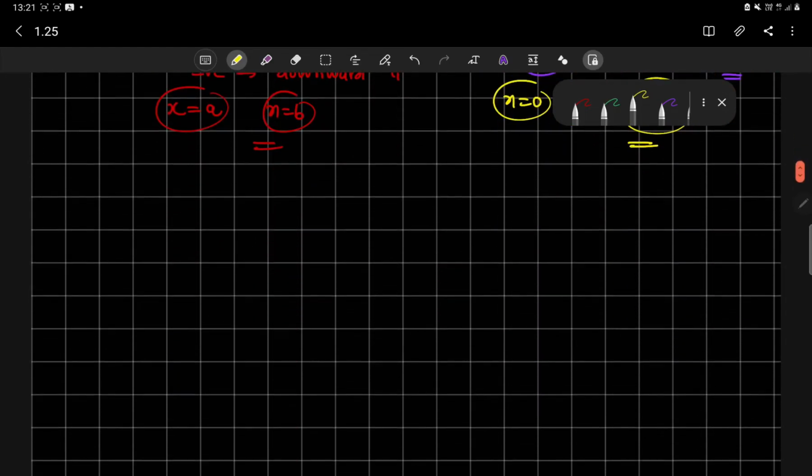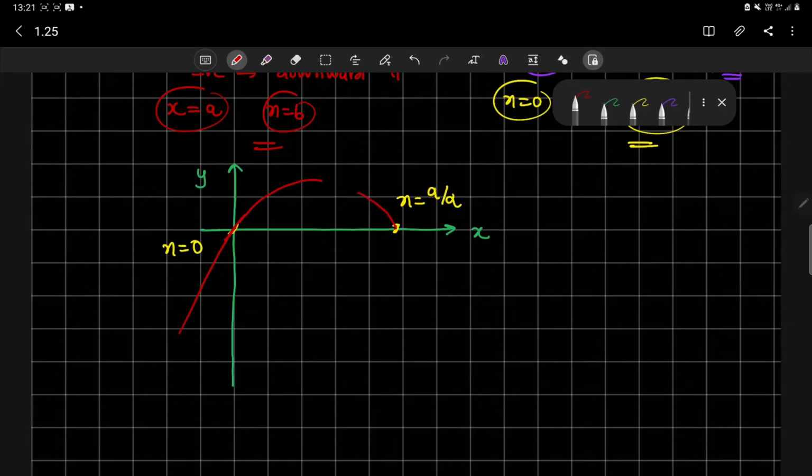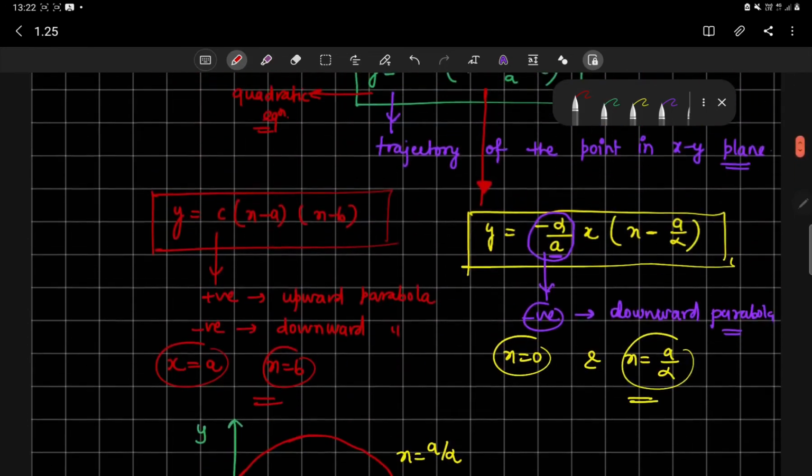Okay, so let us plot this particular function. For example, this is the x-axis and this is the y-axis. The roots are x is equal to 0 and x is equal to a upon alpha. So the plot of this function will look something like this, which is the downward parabola.